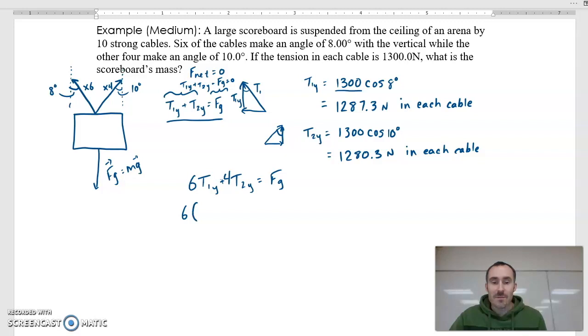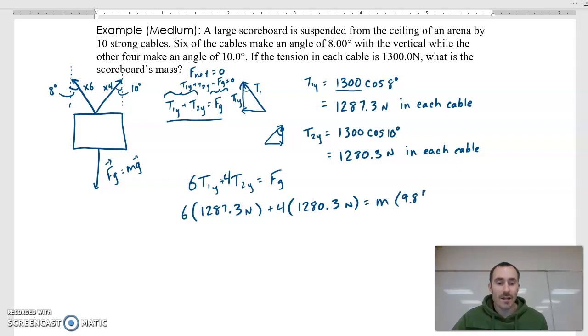So 6 times 1287.3 newtons plus 4 times 1280.3 newtons equals mass times 9.8 meters per second squared. And so when you put all this together, you get 7,723.8.